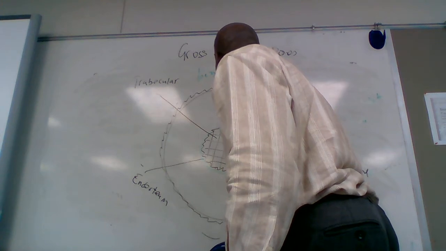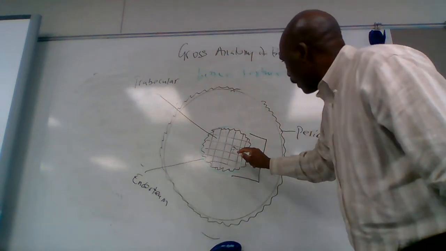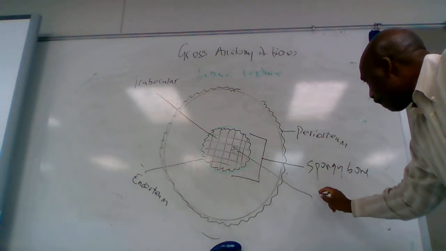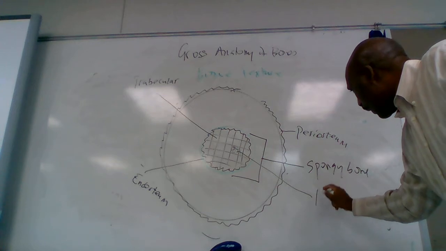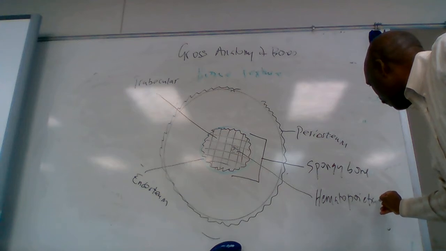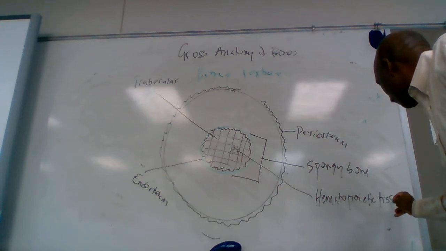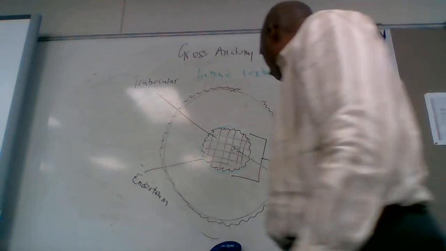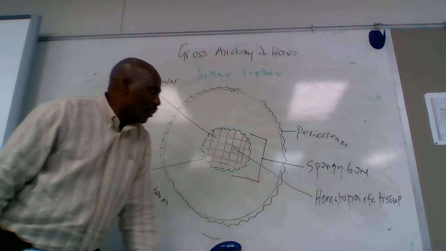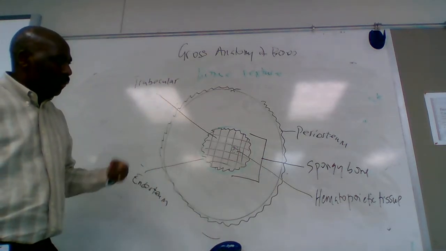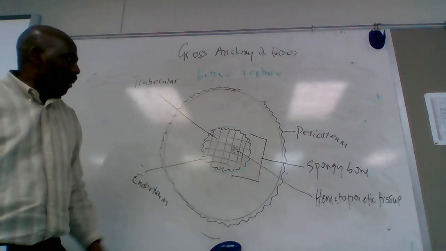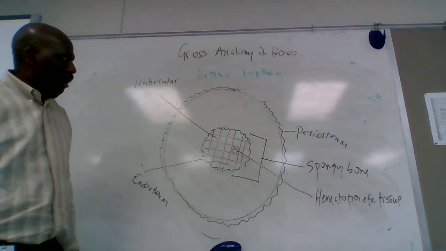Then inside each of these trabeculae, we have the hematopoietic tissue. Remember, we had said that the hematopoietic tissue is the tissue that is used for blood cell formation. So it is contained inside bone, specifically in the trabeculae, in the spongy area of the bone.